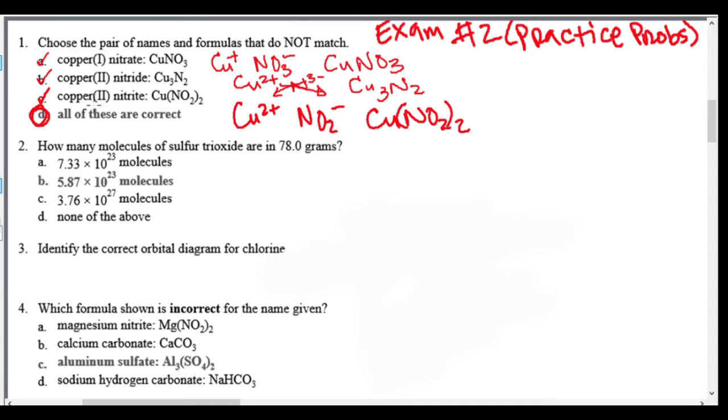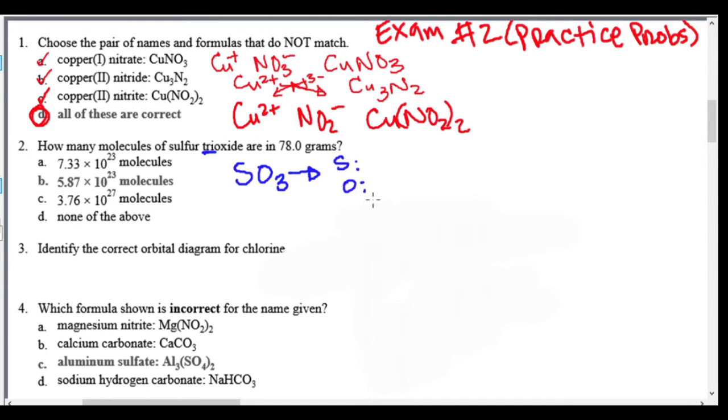Alright, so for the next one, how many molecules of sulfur trioxide are in 78.0 grams of sulfur trioxide? First we need to figure out the molar mass, and to do that we have to find the formula. The formula is S for sulfur, and trioxide gives us O3. To find the molar mass, we take the mass of sulfur plus 3 times the mass of oxygen.